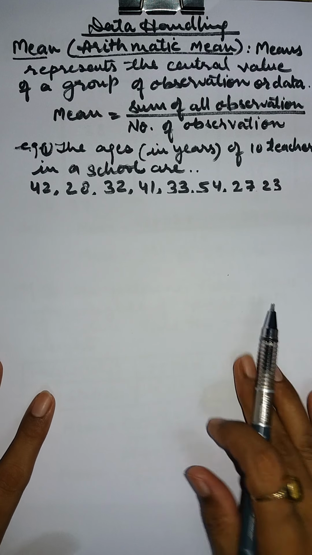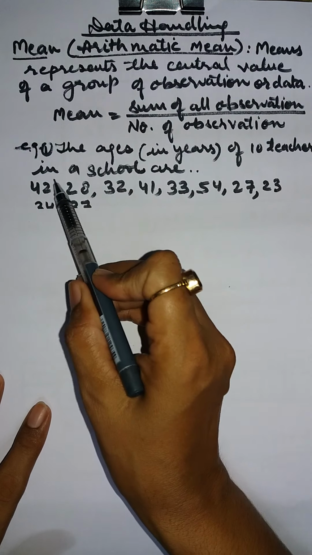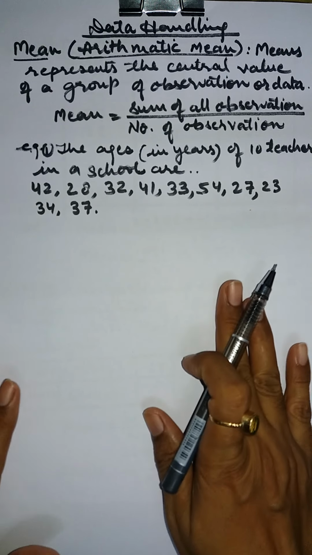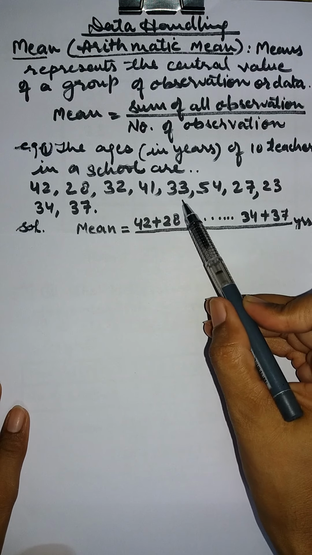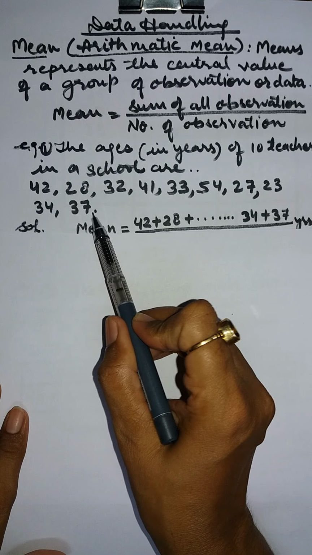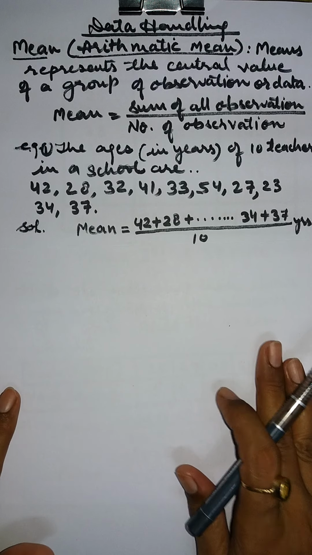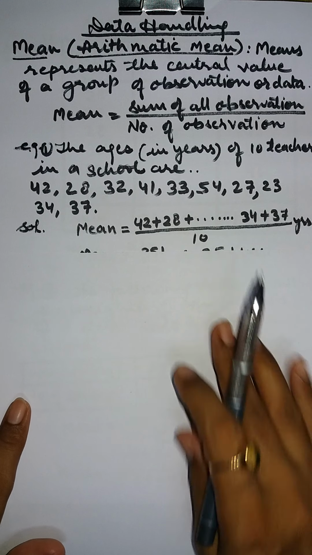For example, the ages in years of 10 teachers in a school are given below: 42, 28, 32, 41, 33, 54, 27, 23, 34 and 37. So how will we find the average of the 10 teachers?